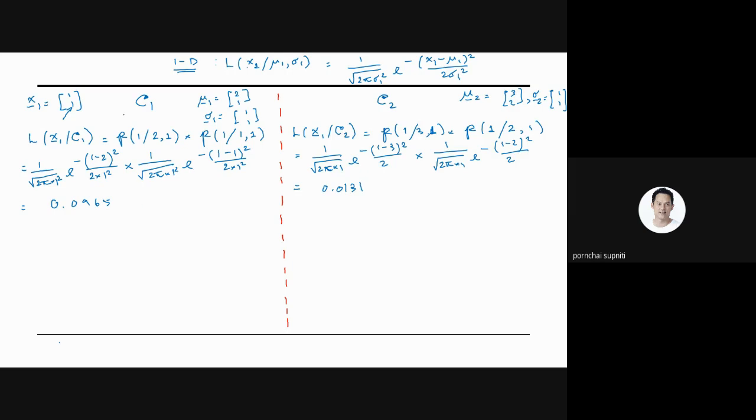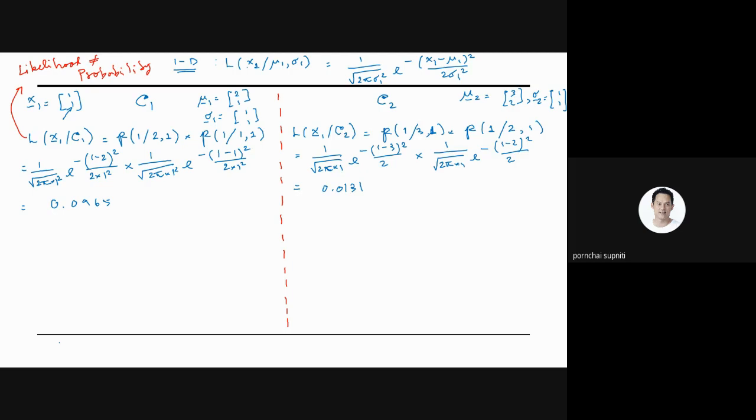And so let me write at the top so that I emphasize the point. Likelihood is not equal probability. It's very clear because why?